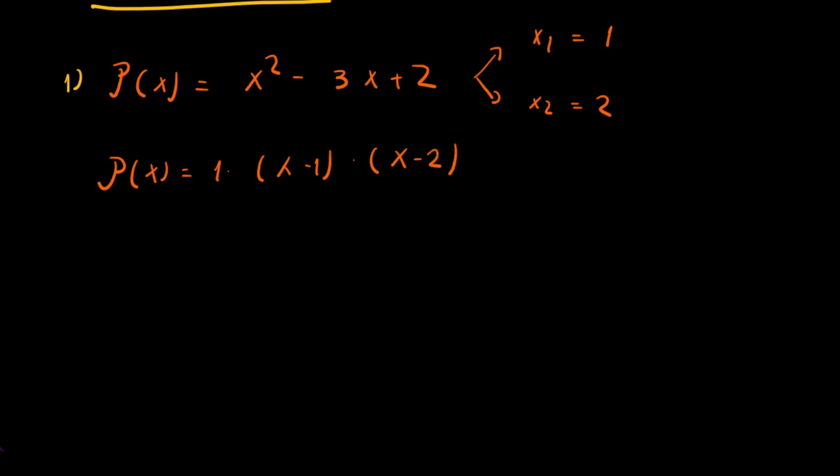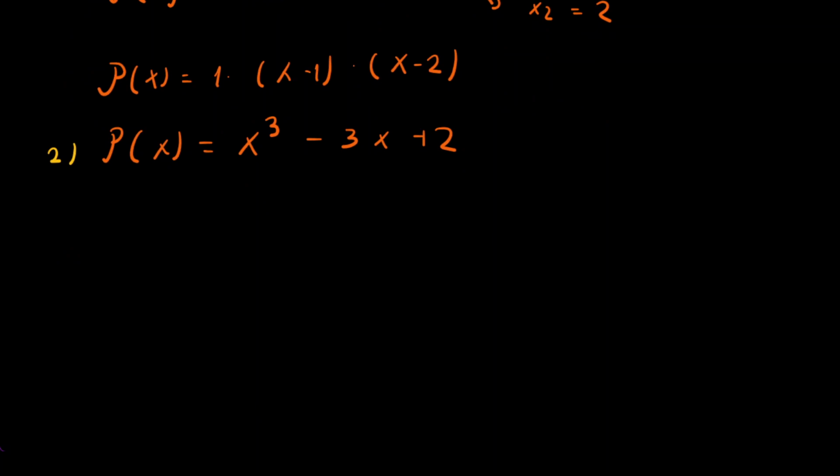But how do we handle it if we increase the degree? It's not the easiest task, so let's write something like x cubed minus 3x plus 2. Here it is not such an easy question, but if you look carefully, you will see that p of 1 is 0.